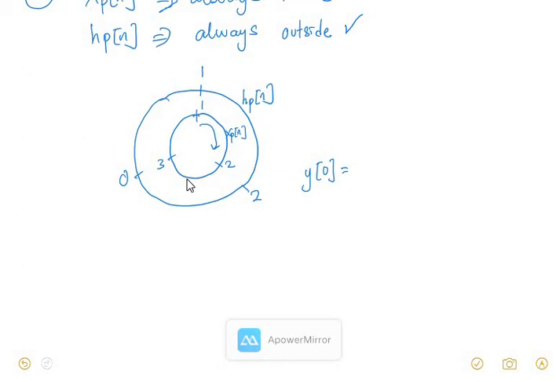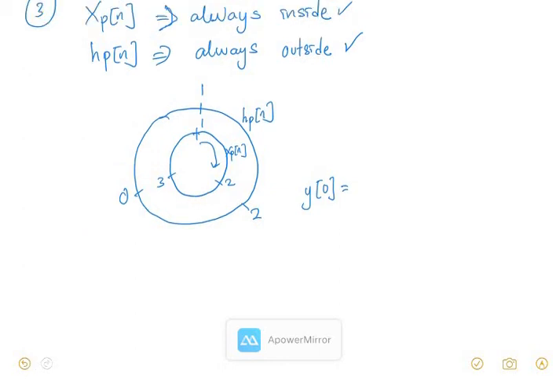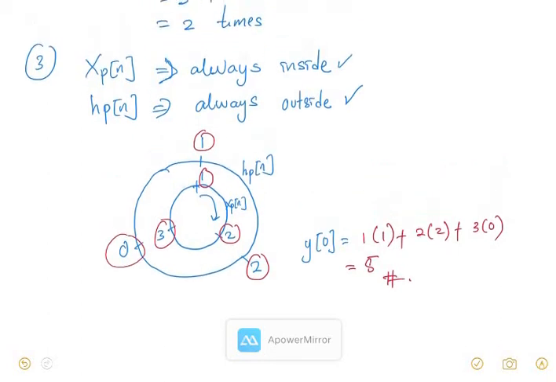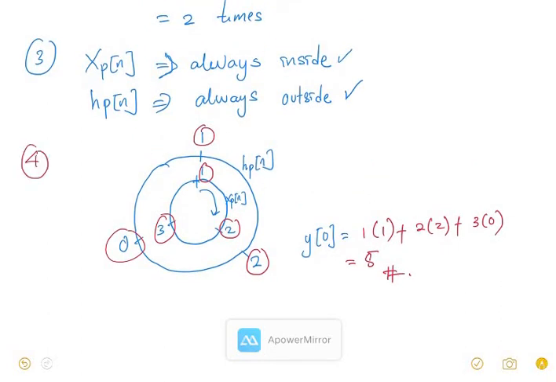You have 1 times 1, plus 2 times 2, plus 3 times 0. So what is the answer? 5.